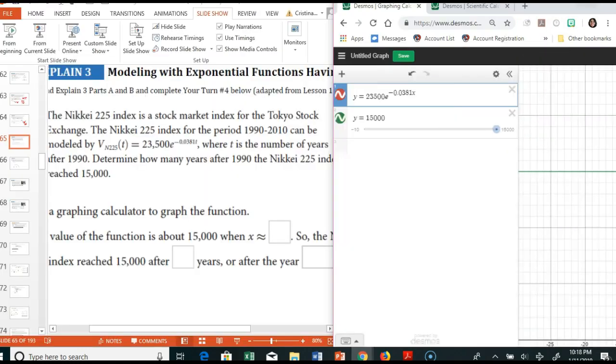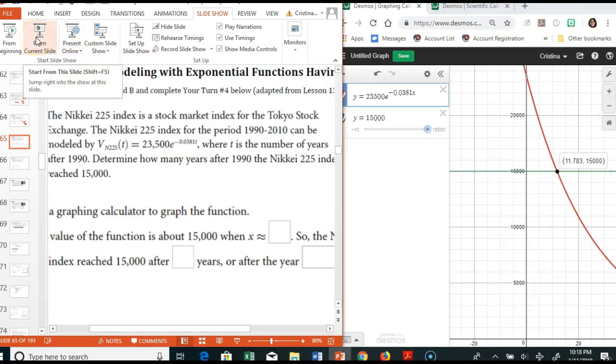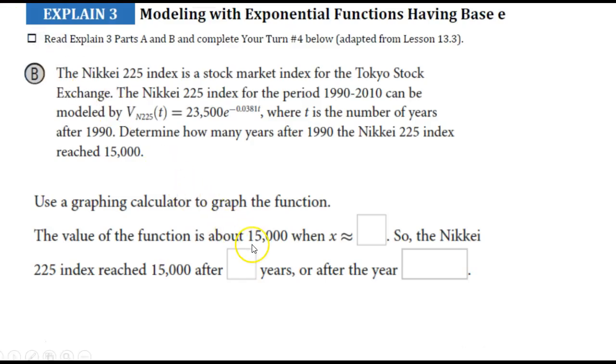So let's go ahead and write that in here. So after about 11.7, so about 11 years after 1990, it should be worth about $15,000, and I can work that out.